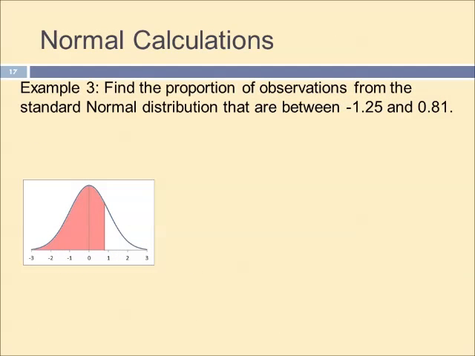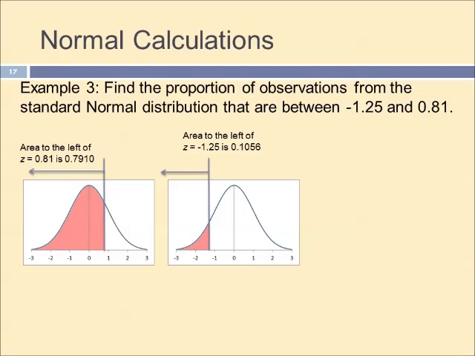All right, let's find another one. Find the proportion of observations from the standard normal distribution that are between minus 1.25 and 0.81. So we start. First, the area to the left of z equals 0.81 is 0.7910. Hopefully you can find that in the table.